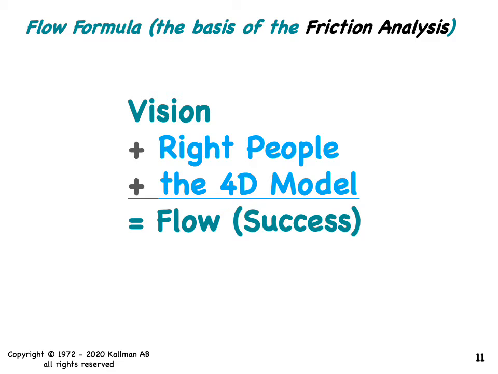Now, right people also includes the 4R model, which includes right truth, right values and attitudes, right actions, and right results. And so when we say right people, we are inferring immediately the 4R model as well.